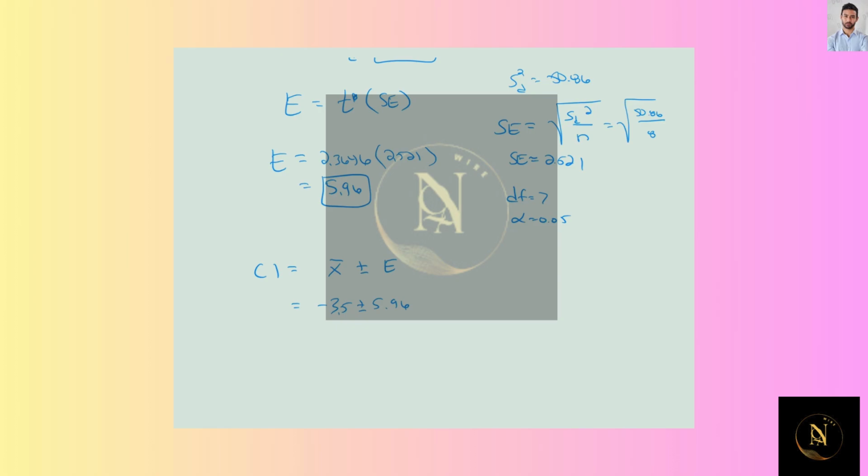So the lower bound would be from subtracting, -3.5 minus 5.96, which is -9.46, to our upper boundary from adding, which would be +2.46. This would not be statistically significant because 0 is in this interval.